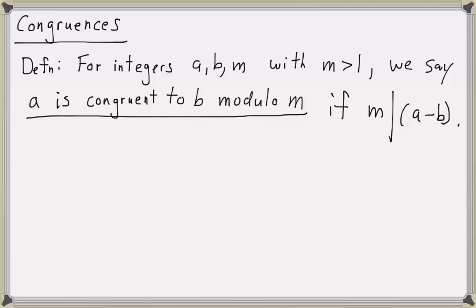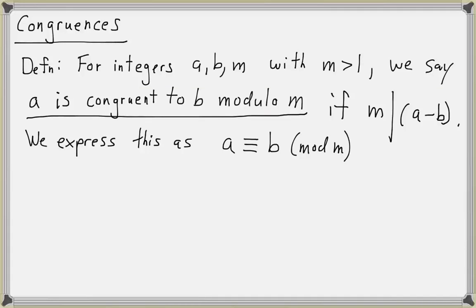So we see that congruence is actually a definition involving division. It's really a statement about divisibility. We express a is congruent to b modulo m as a, and it looks like an equal sign with 3 lines, b, and then in parentheses you have to tell the modulus.